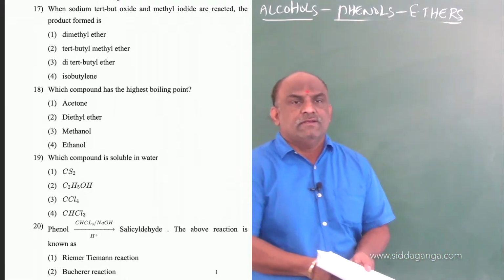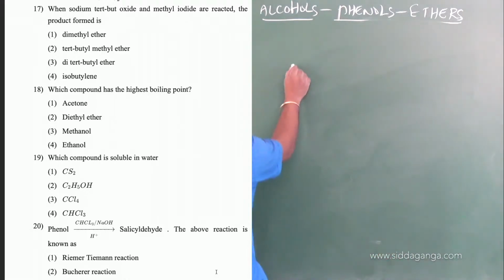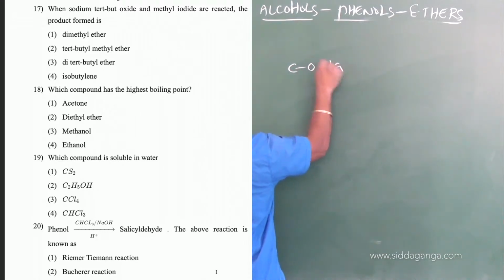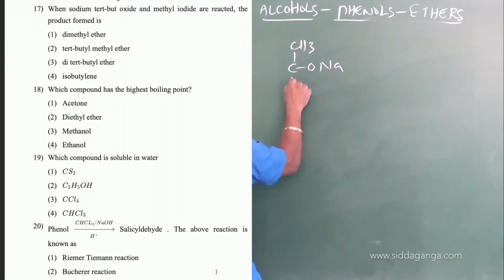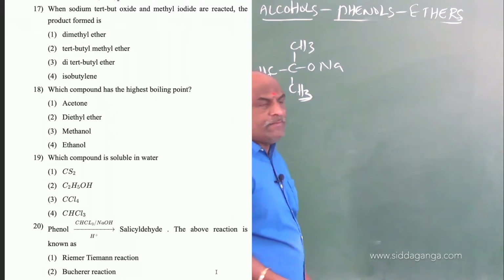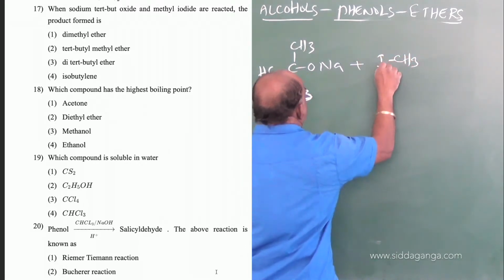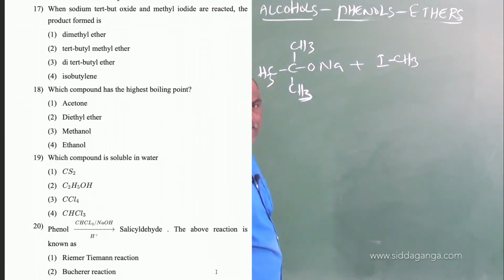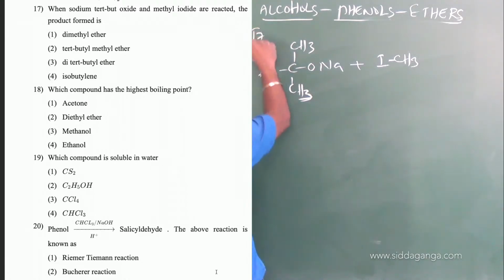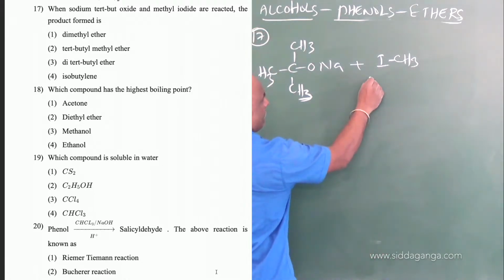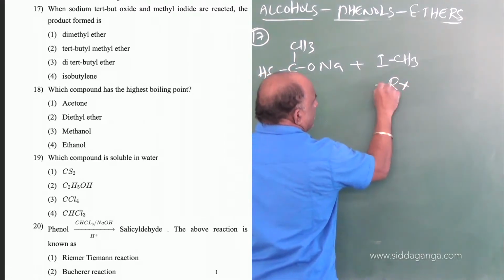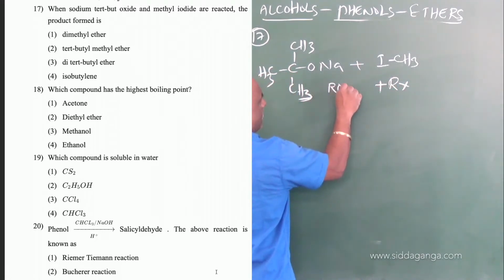Compound number 1 is sodium tertiary butoxide, followed by methyl iodide, formula CH3 single bond I. So it is RX and this one is RONa.